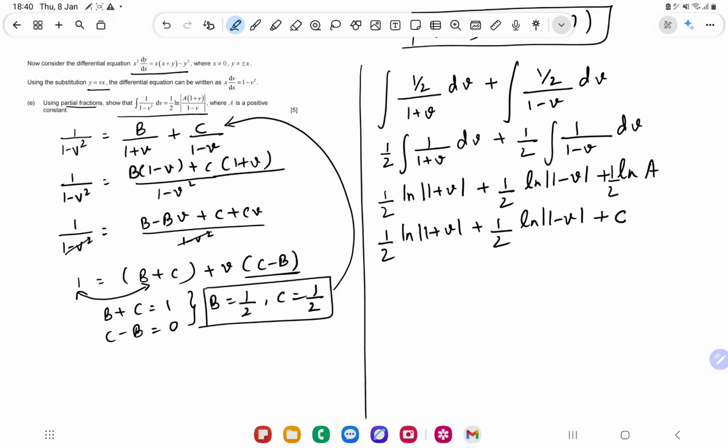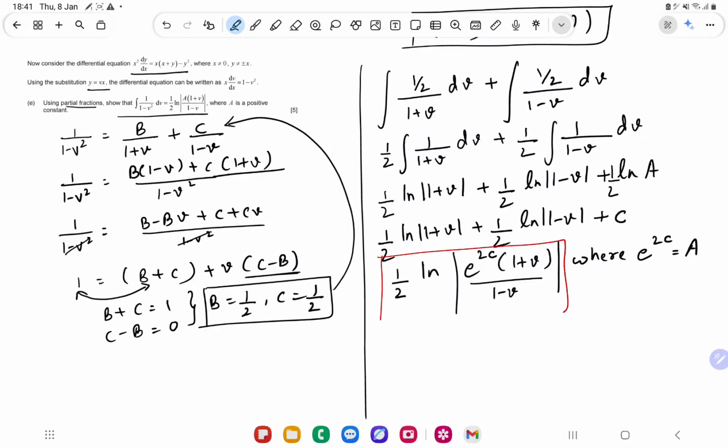So now when I apply the log properties, I can write it as half ln e to the power 2c into 1 plus v upon 1 minus v, where e to the power 2c is equal to a. If you compare this result with the given one, we can say that if I replace a with e to the power 2c, these two red boxes are exactly the same.